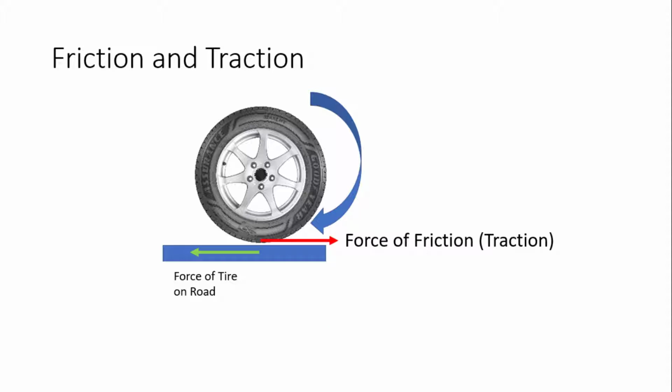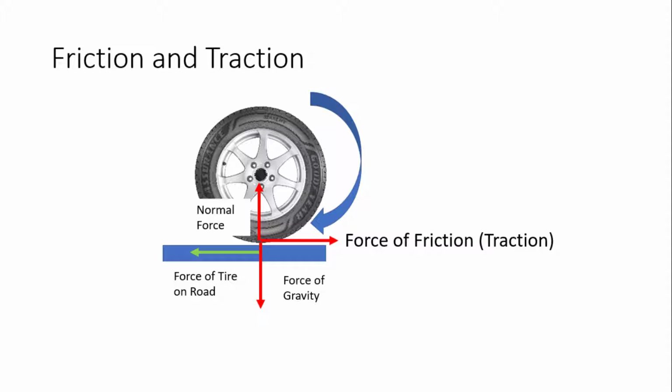And that push back is between two surfaces. It's a force of friction as well. I'm also going to say tire and car all have mass, so they're going to have a force of gravity. And also, the road is going to not only push forward because of the friction, but is also going to push up with another normal force. Remember, normal force and friction force are connected.